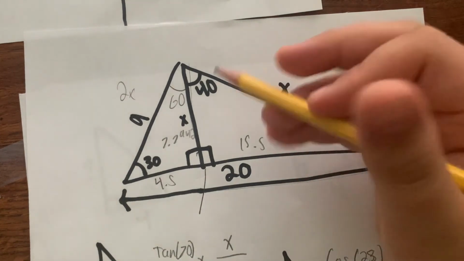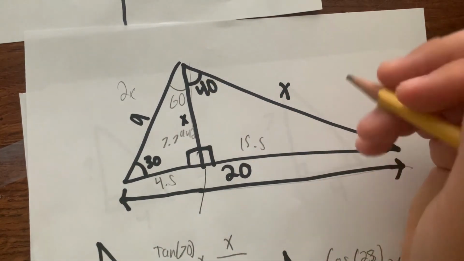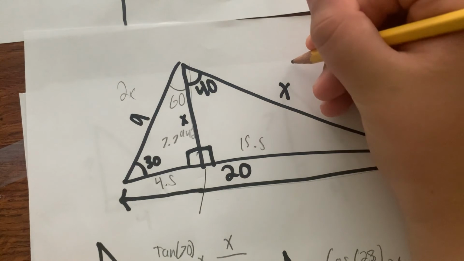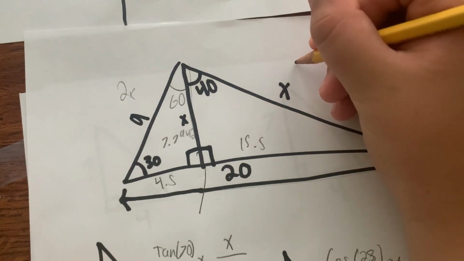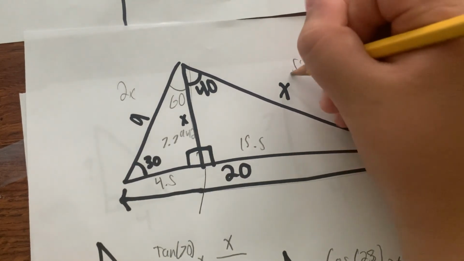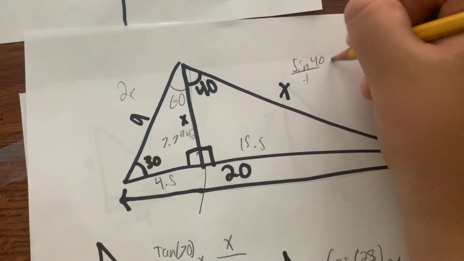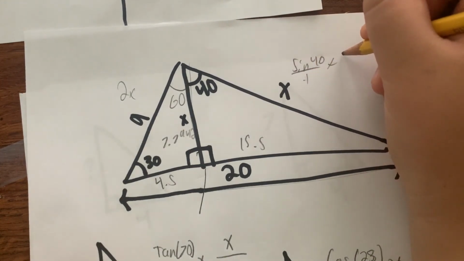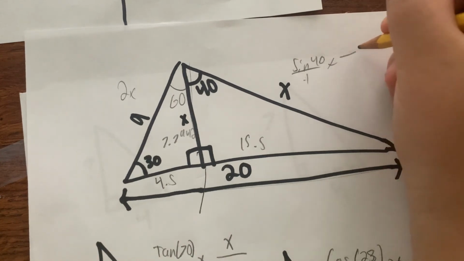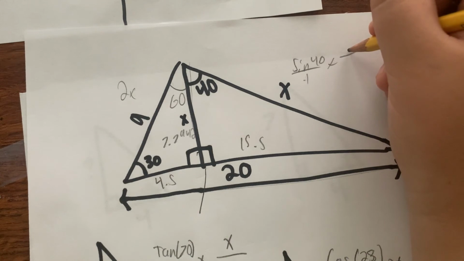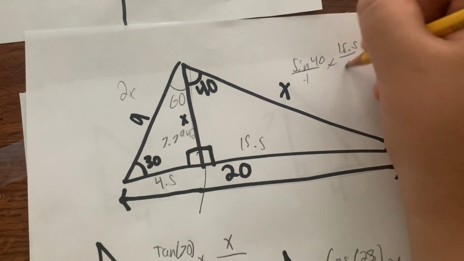So once again, it's opposite over adjacent, so you're going to want to use that sine. 40 degrees, 15.5 over x.